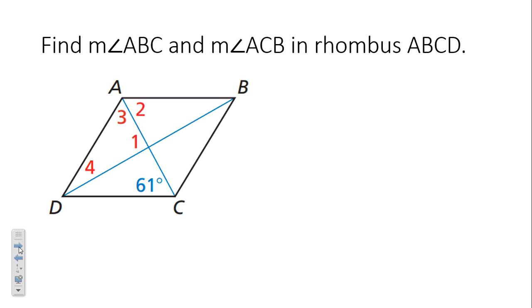We can also ask you to find the measures of angles 1, 2, 3, and 4. And they'll tell you, hey, by the way, this is a rhombus. Okay? So we have to find all four angles that are marked up there. Okay? So Stephen, can you tell me one of the angles up there? I like that.